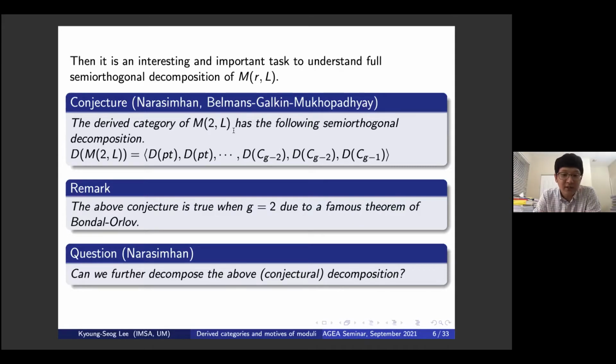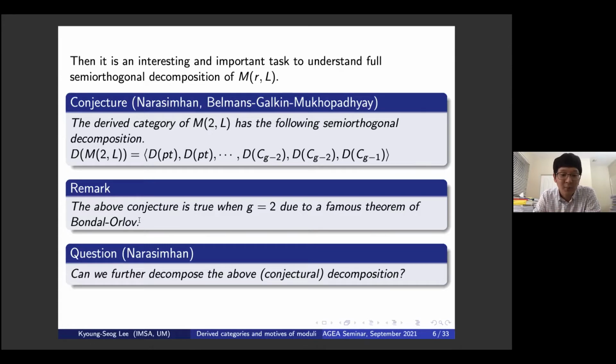The above conjecture is true when g is equal to 2 due to a famous theorem of Bondal and Orlov. Indeed, they found a semi-orthogonal decomposition of the intersection of 2 quadrics, and when the genus is equal to 2, the moduli space is isomorphic to a 3-dimensional intersection of 2 quadrics in P^5. So it follows that the derived category of the moduli space has the expected decomposition.